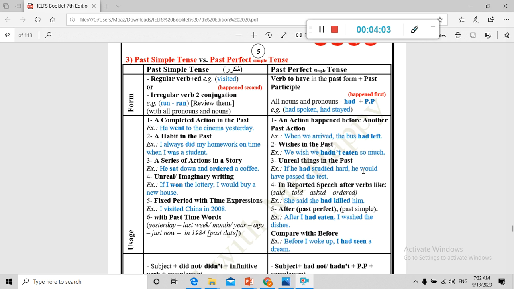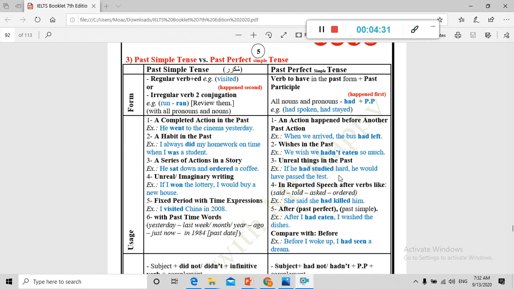But we say, if he had studied hard, he would have passed the test. So you see, in the first clause we use had and past participle. In the second clause, we use would have passed, and I will tell you later about this tense, which is future perfect, of course.